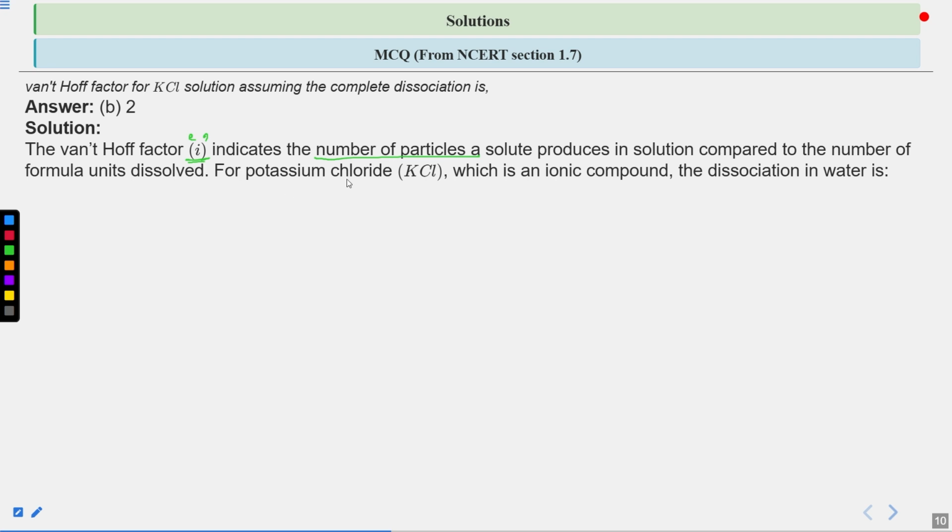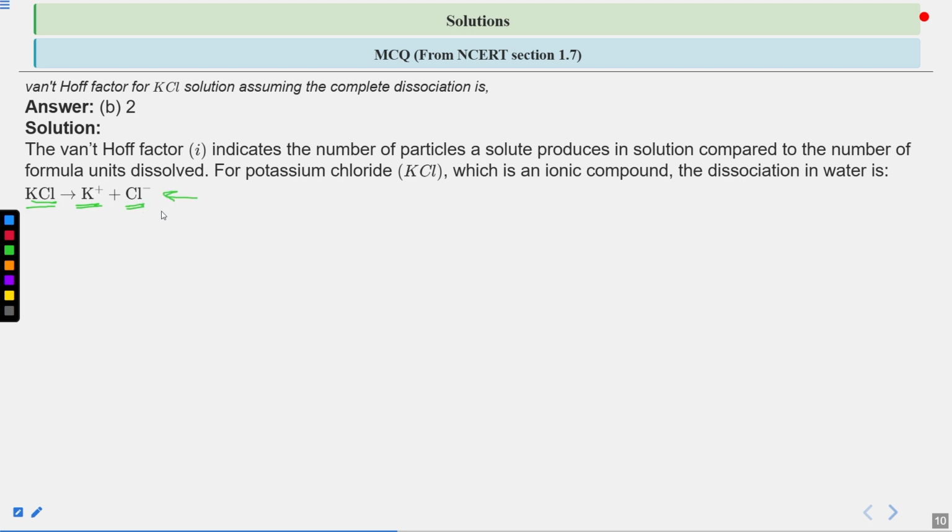And we are considering the KCl solution. Potassium chloride is an ionic compound, so it can easily dissociate into ions, right? The dissociation in water for potassium chloride is: KCl dissociates into K positive and Cl negative, potassium ion and chloride ion.